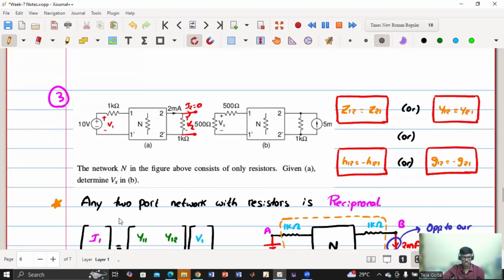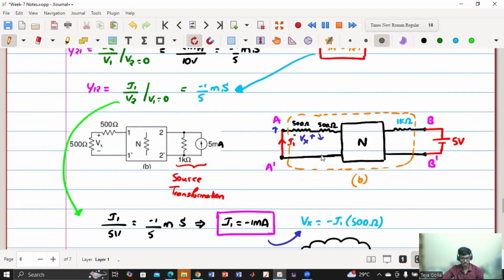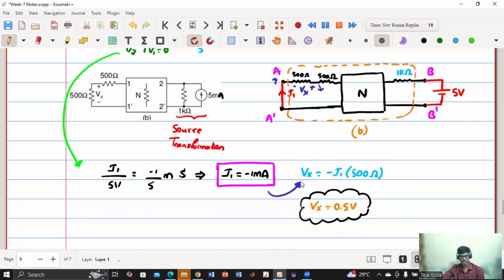You have to know that a two-port network with resistors is reciprocal, know these four results, know which parameters to check, and know source transformation, and then change the circuit the way you want. Then it is just a 2-3 line problem, but it all lies in understanding the concept and using it in the right way so that you solve the problem in fewer steps.